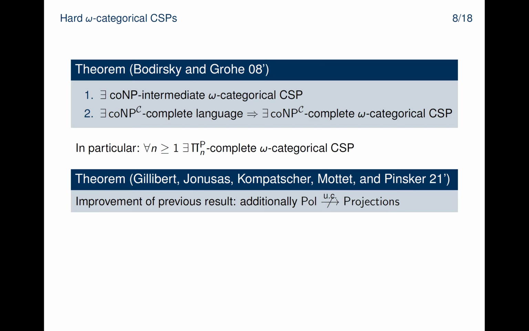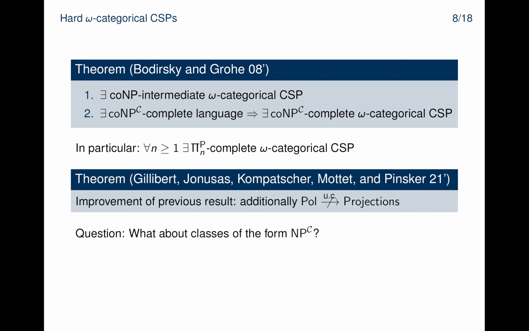They showed that for all these Pi^p_n complete omega-categorical CSPs, one can additionally achieve that the polymorphisms will not have a uniformly continuous minor condition preserving map to projections. This shows that on the side above co-NP of the polynomial hierarchy, the algebraic approach, just looking at identities satisfied by polymorphisms, cannot tell us much about the complexity of the problems.